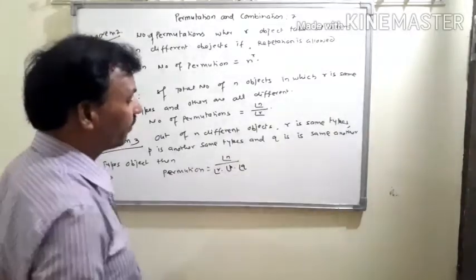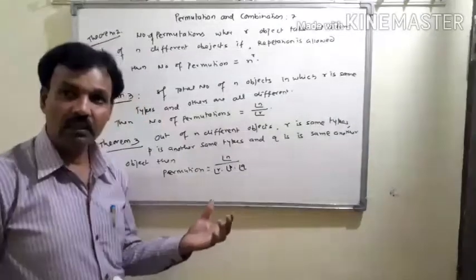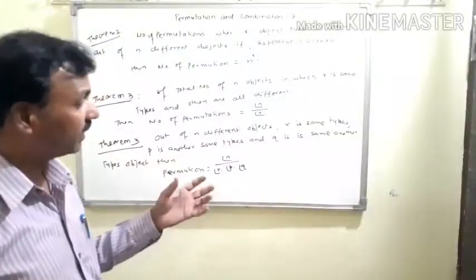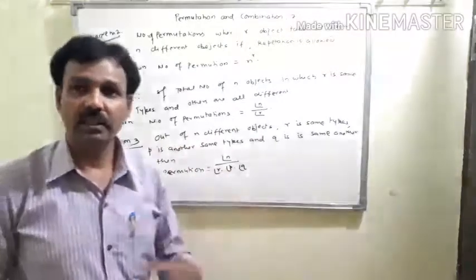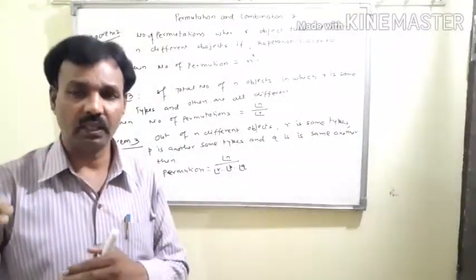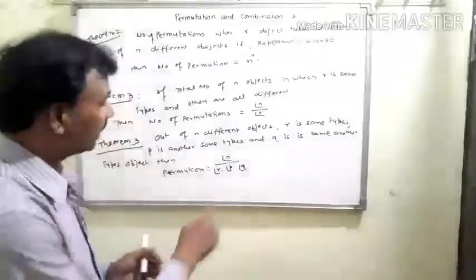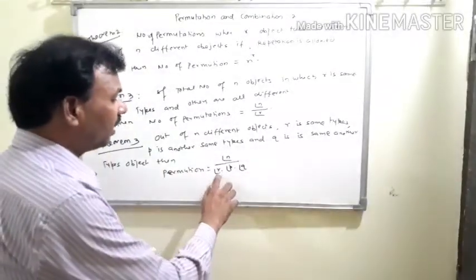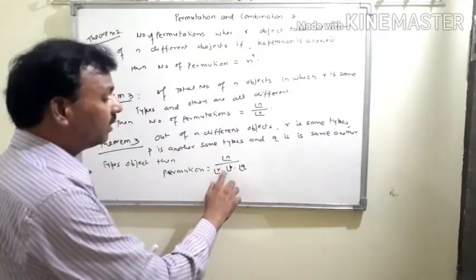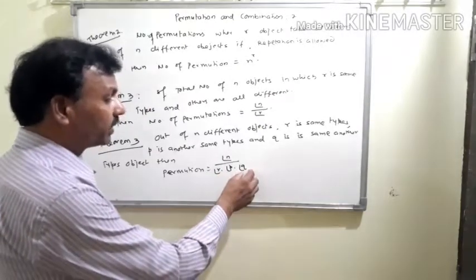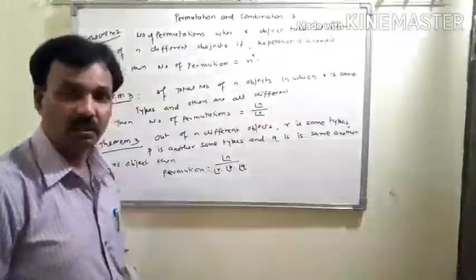This is the formula. In generalized form, we can say that if many groups of same-type objects are given, then we multiply over all the groups given in the problem.